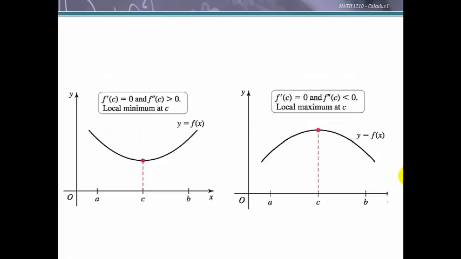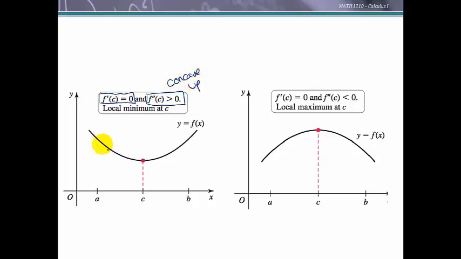Let's look at this first graph. We have the derivative equaling 0 and the second derivative being positive. So this derivative equaling 0 is a candidate for our maximum or our minimum because it's a critical point. The second derivative greater than 0 tells us that it's concave up.